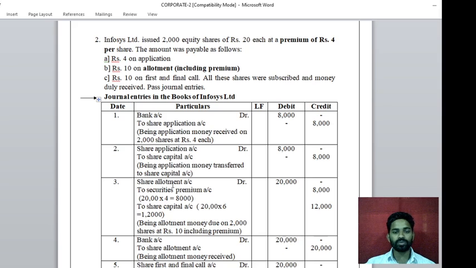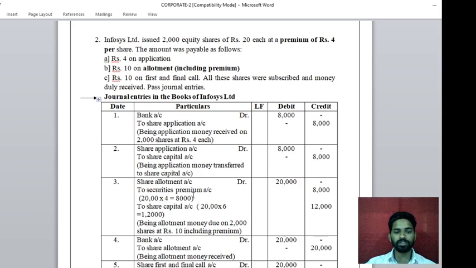Next, rupees 10 on allotment including premium. Rupees 4 is included in this allotment. Now see, share allotment account debit rupees 20,000, which is 10 into 2000, to securities premium account.